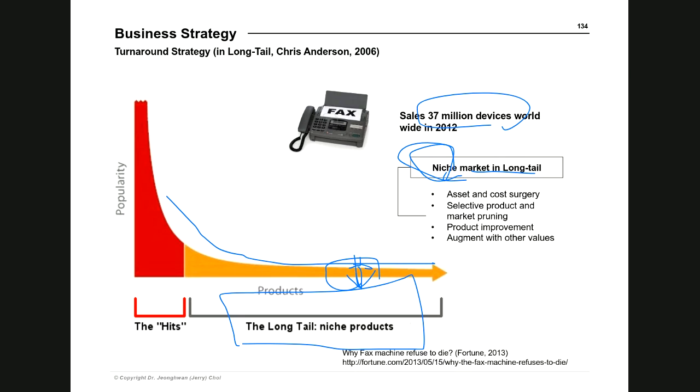Absolutely. It depends on the transformation. It depends on the monopolization strategy. Okay, good. And we call that a long tail strategy. Long tail. It does not die. A certain product never dies, and that has a long tail.